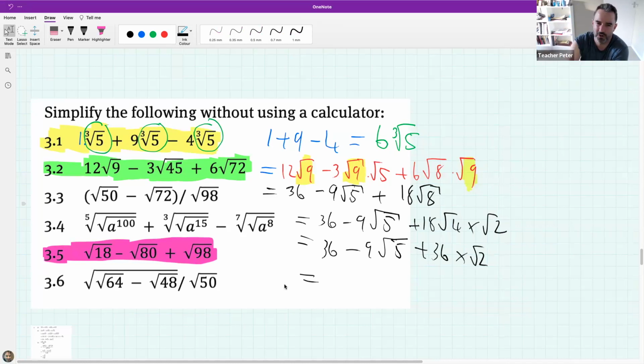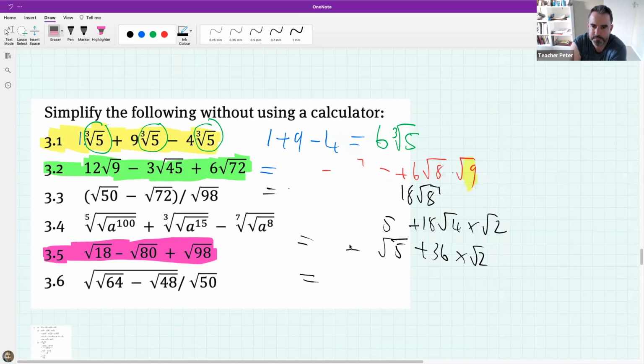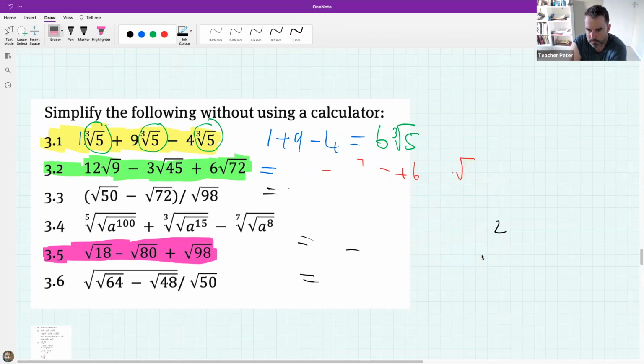So 3.2, don't worry if you're feeling a bit confused by that. I think the question was set up a bit faulty there. So apologies if you're feeling a bit confused there, but let's do the purple one to finish the day.